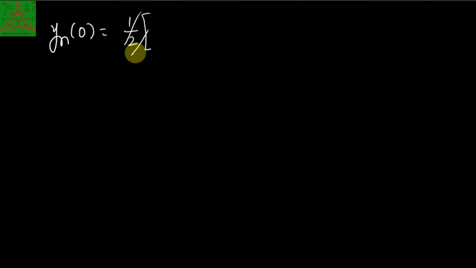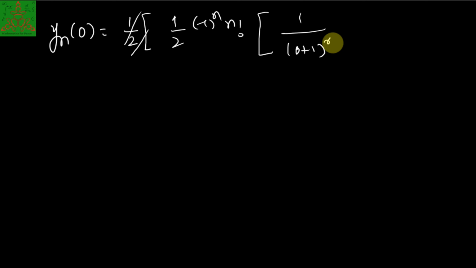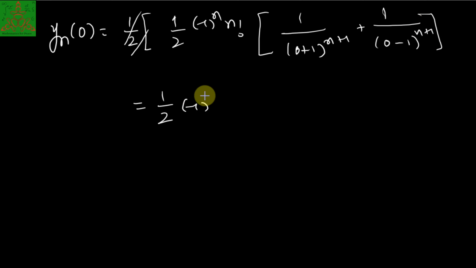If I also take common out minus 1 raised to n into n factorial from these two terms, the left quantity is 1 upon 0 plus 1 power n plus 1, plus 1 upon 0 minus 1 power n plus 1. So this will give me 1 by 2 into minus 1 raised to n into n factorial into 1 plus minus 1 raised to n plus 1.